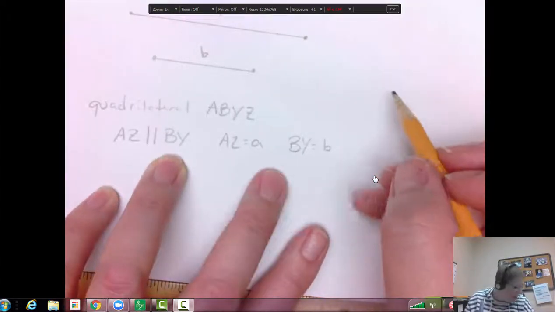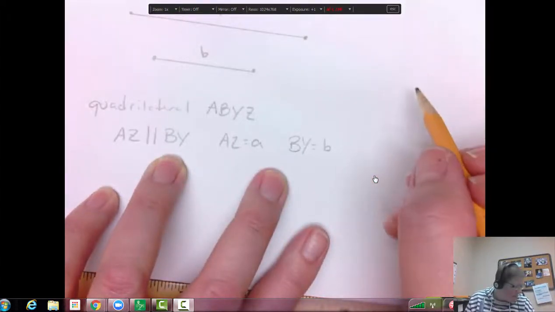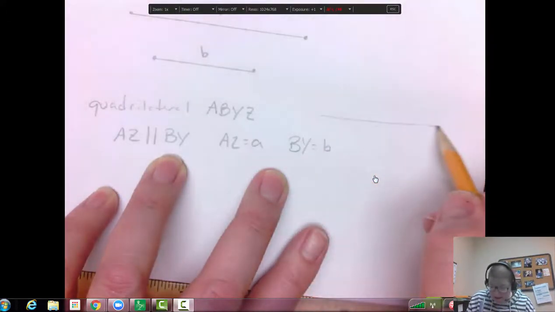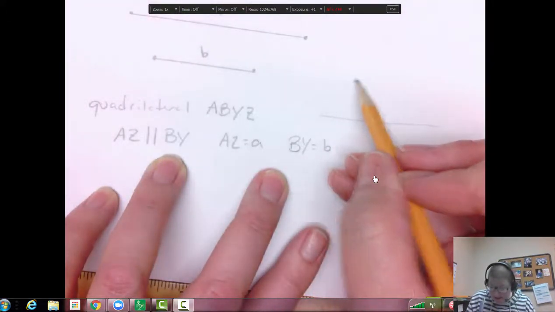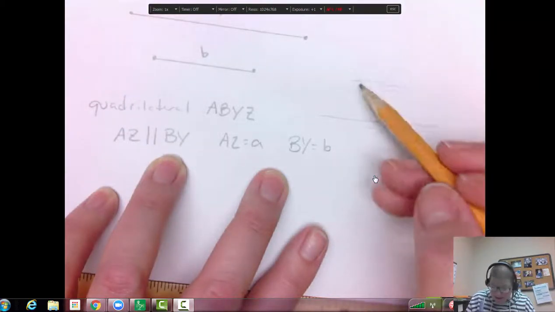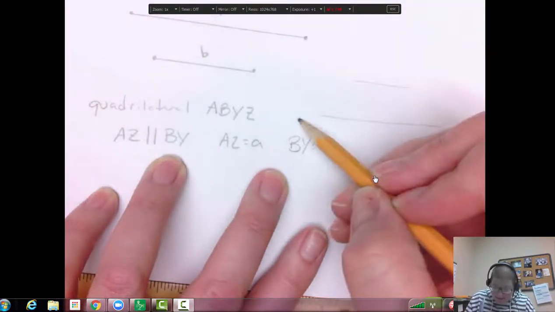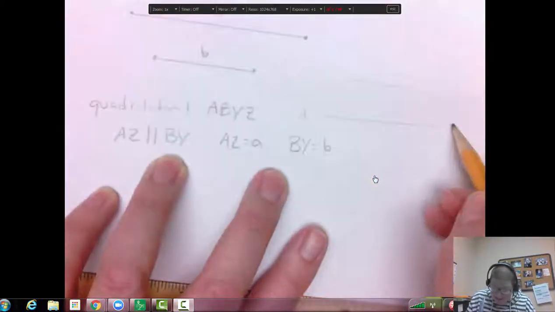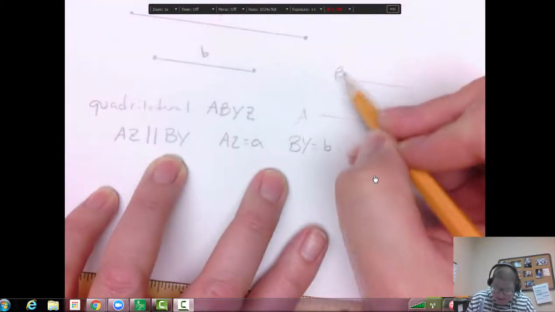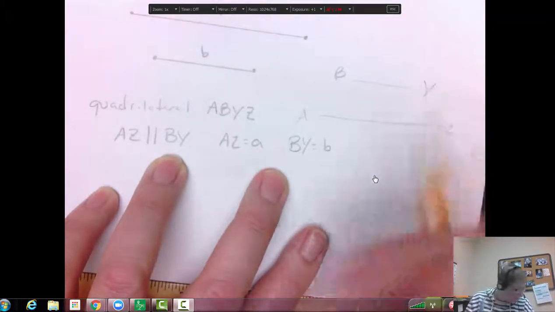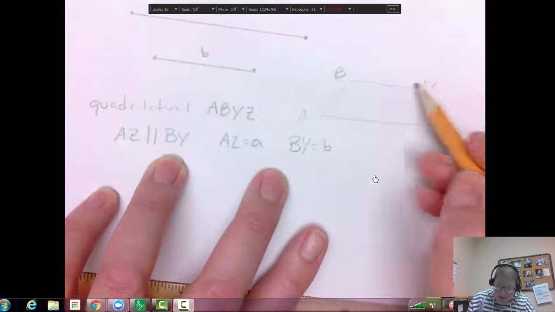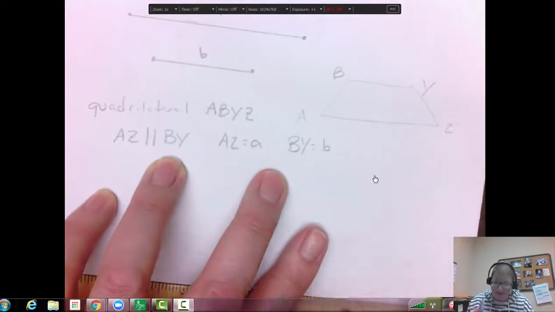So we'll just do the A on the bottom, and it'll look something like this, right? A on the top, A on the bottom, B on the top, and it'll look something like A, Z, B, Y. And this is going to be basically our conditions that we have.